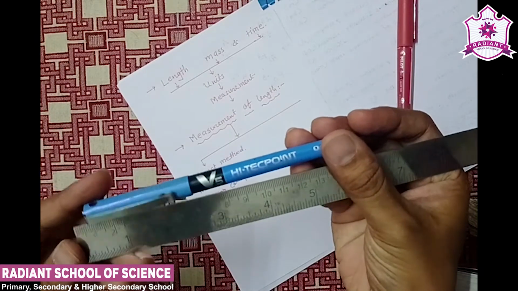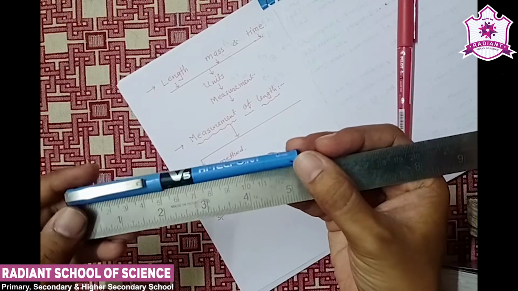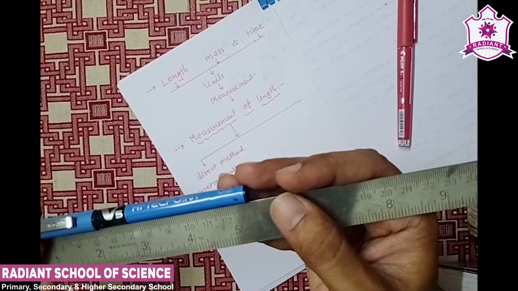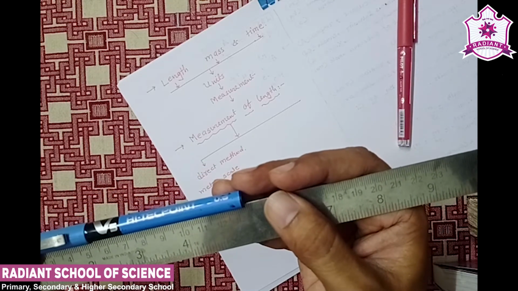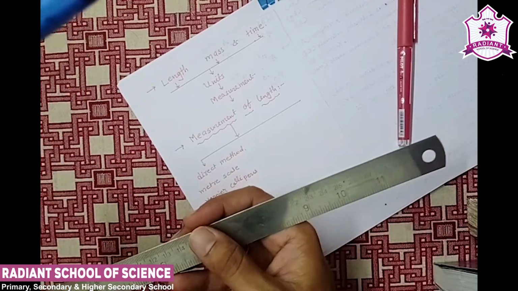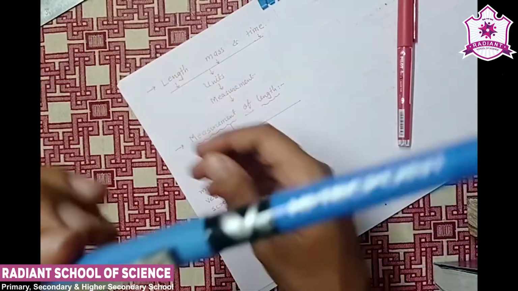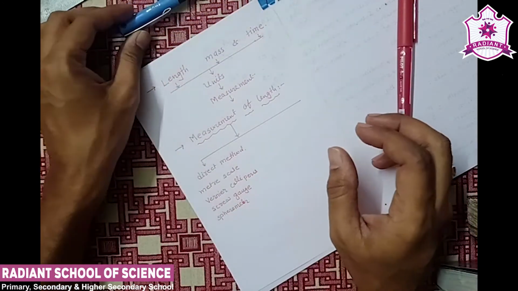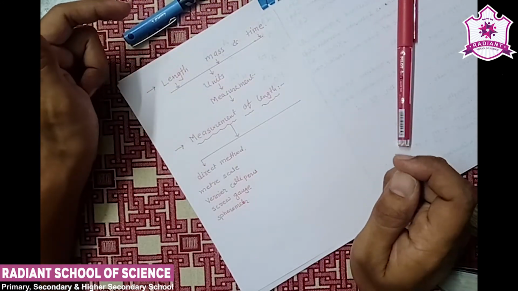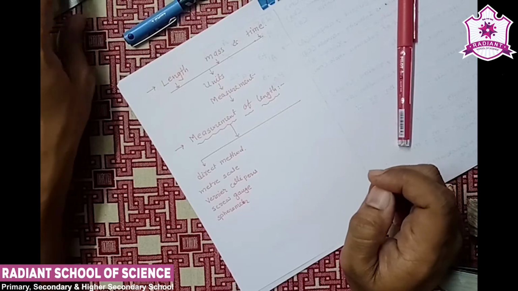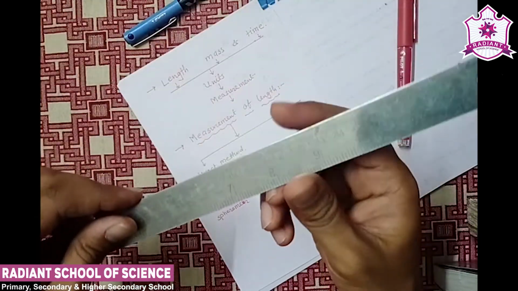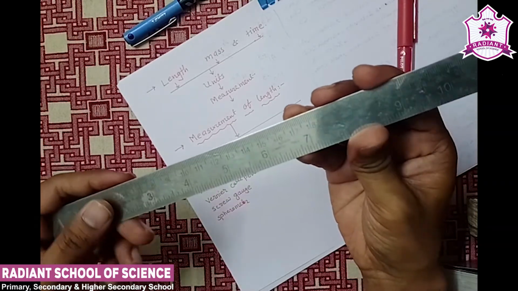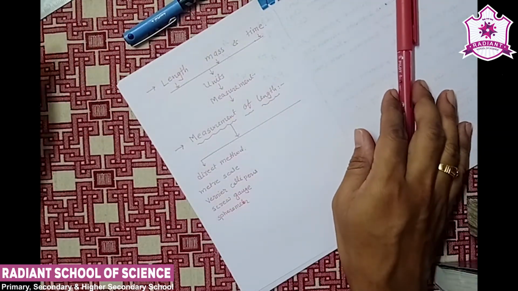If I measure it here, I find that this pen is about 13.3 centimeters long. So this is called the direct method, in which I apply this type of scaling to measure the quantity, length, directly.